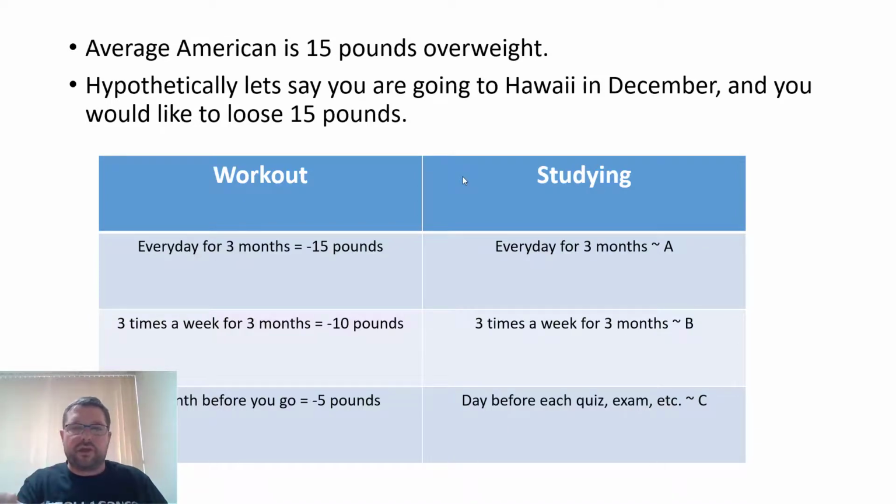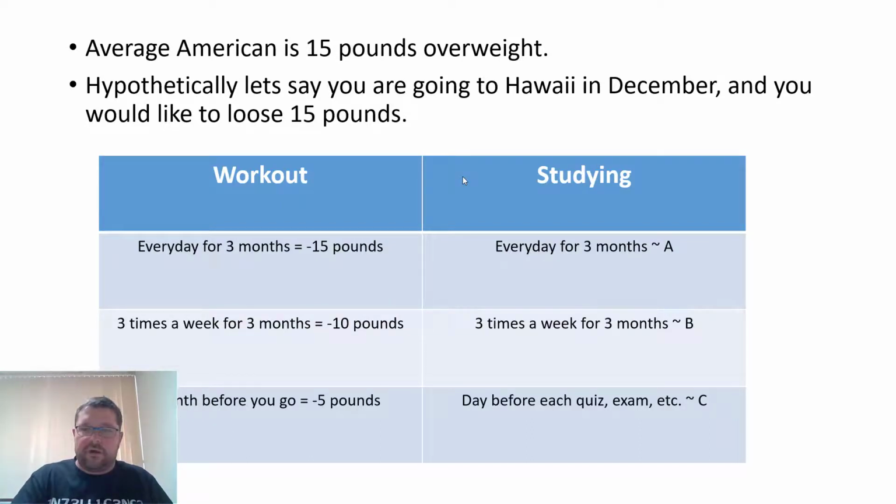Studying is the exact same process. You want to earn an A in fish and wildlife management. If you put the time in every single day of the semester, you're most likely going to earn an A. And we'll talk about what kind of time that means.